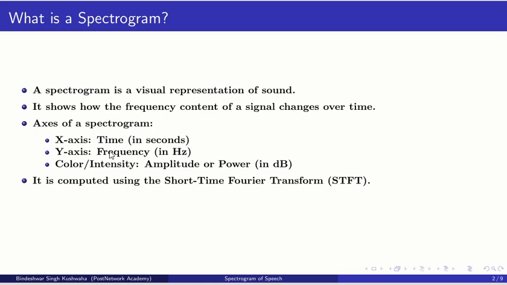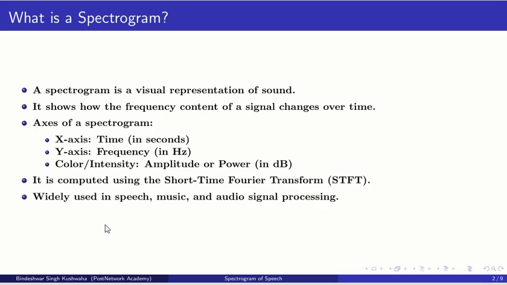So Fourier transform is very important in speech processing, so you must understand both discrete and continuous. Especially discrete is used in speech processing, digital signal processing, and it is widely used in speech, music, and audio signal processing.